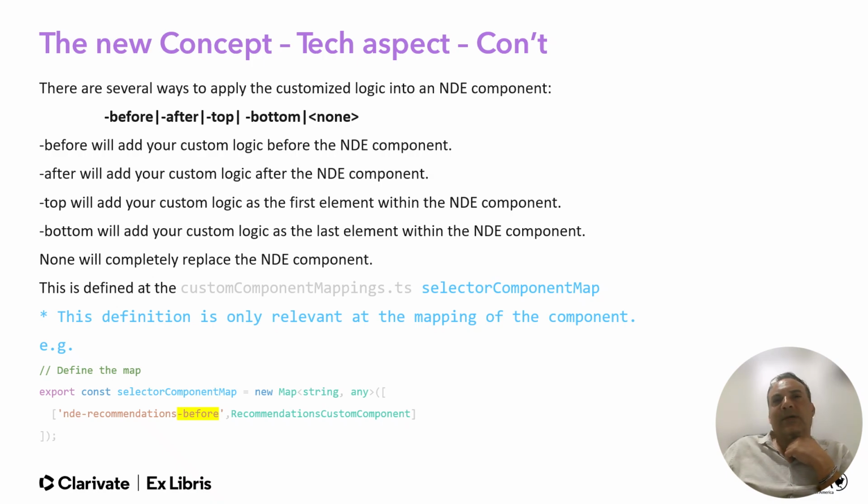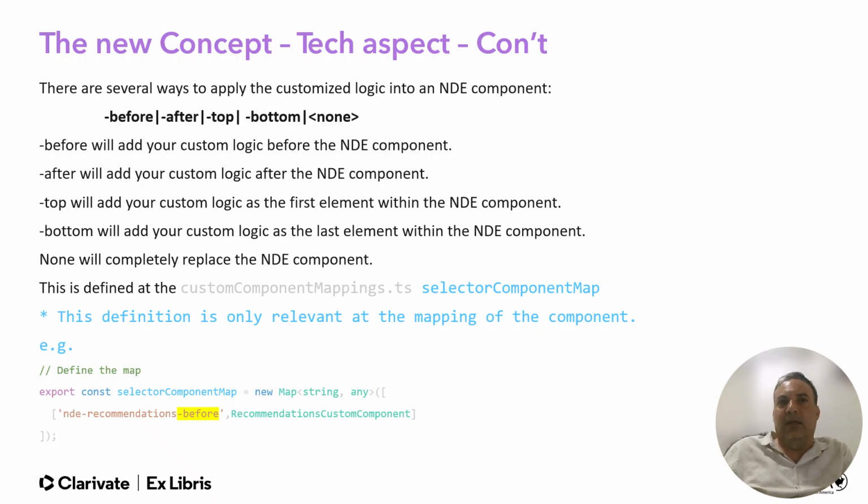For customizing a component, we provide several ways to apply the logic into the NDE component. You can suffix the component selector with before, after, top, bottom, and none. Before will add your custom logic before the NDE component.